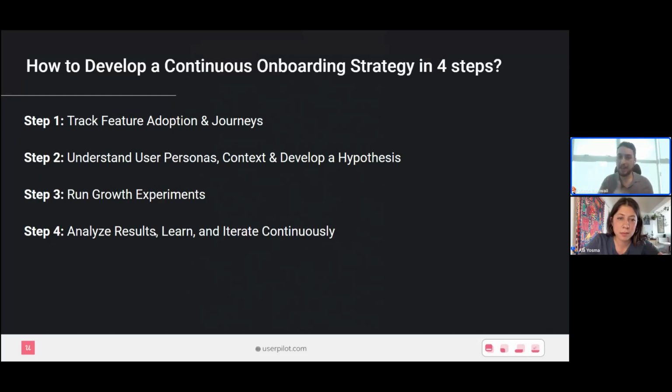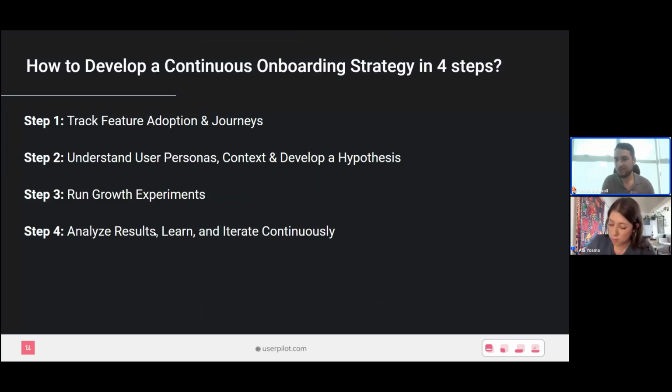So you need to do A and then B and then C. It can get a little bit more complicated because then you have a drop off and you need to account for that. The second thing is that we need to understand the persona, right? But at least now we have some sort of context, because we're only going to go after people that have used the feature.